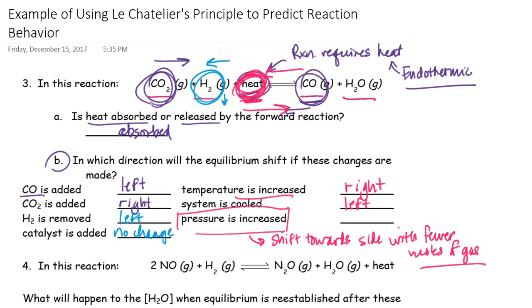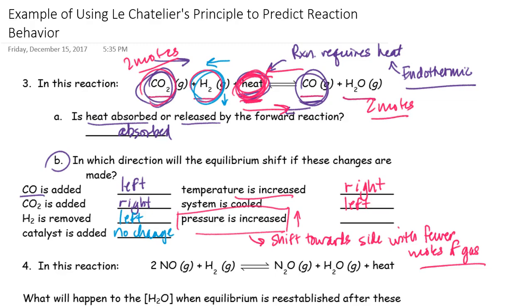And if I'm going to increase the pressure, that means that the equilibrium process should shift towards the side of the equilibrium reaction equation in which I have fewer moles of gas. Now, in this particular case, I have 2 moles of gas on the reactant side, and I have 2 moles of gas on the product side.